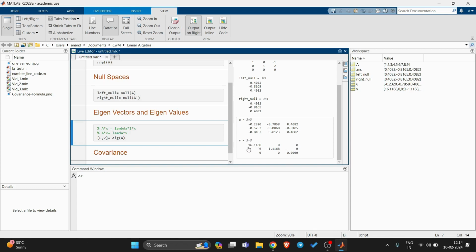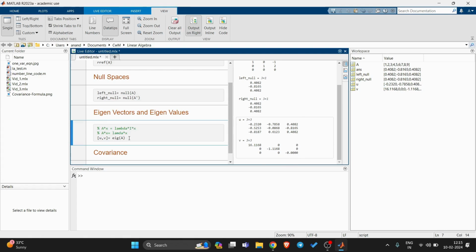So the first eigenvalue is 16.1168. The first column of the eigenvector matrix corresponds to the eigenvalue 16.1168. The second column corresponds to the second diagonal element, and the third column corresponds to the third.